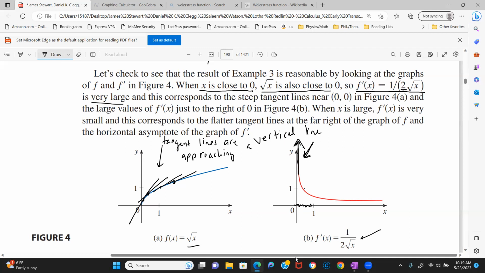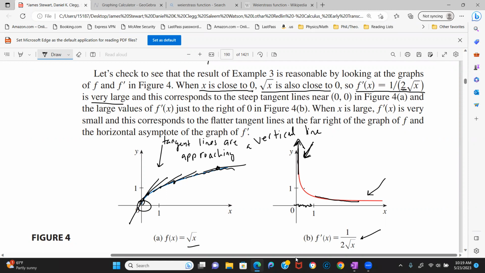And then when you get further away from 0, when you start going out over this way, you can see the slopes start to flatten out. And that's exactly what you're seeing here. The slopes right here are getting closer to a horizontal line.